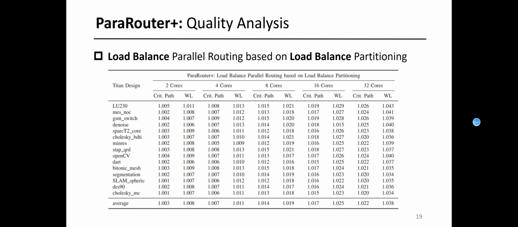With the number of cores increasing, our parallel plus has an increasing impact on the quality. This is because our parallel plus changes the original routing order in the partitioning and parallel routing processes. In addition, our parallel plus provides repeatable parallel routing results, although it is not serial equivalent.